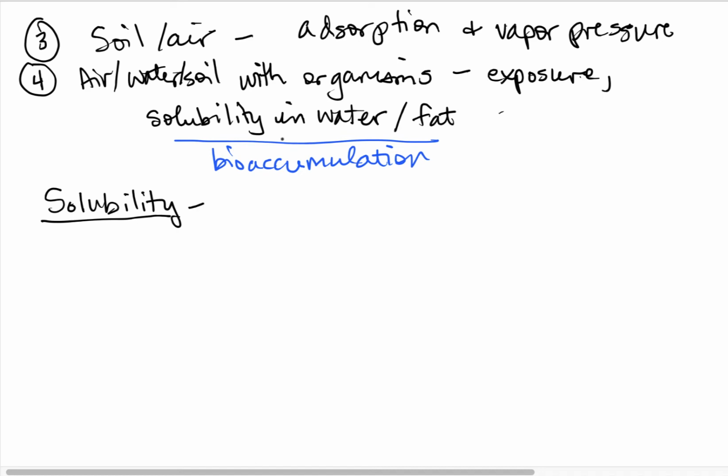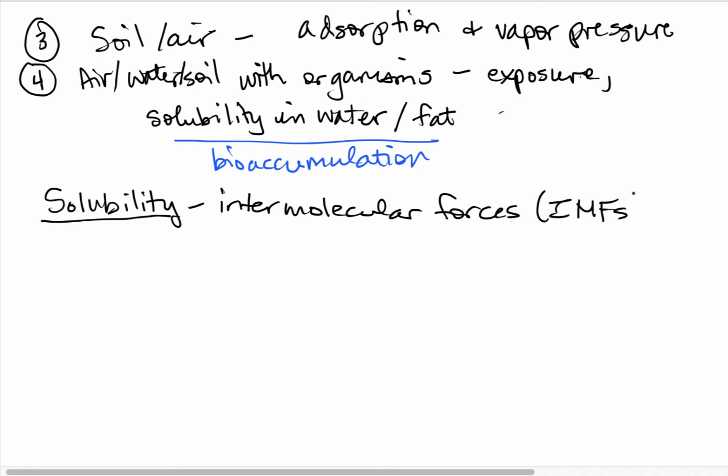So solubility has a lot to do with intermolecular forces. And these intermolecular forces, or IMFs as I'm going to use, have to do with what kind of bonding we have going on in our materials. Now, our two main types of bonding that you've probably talked about before are ionic and covalent.